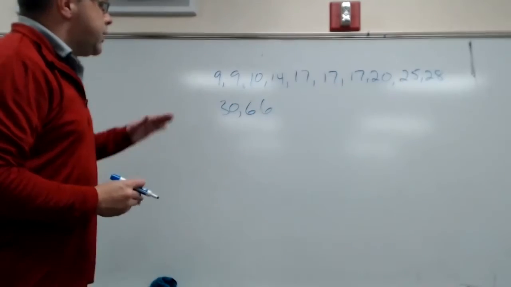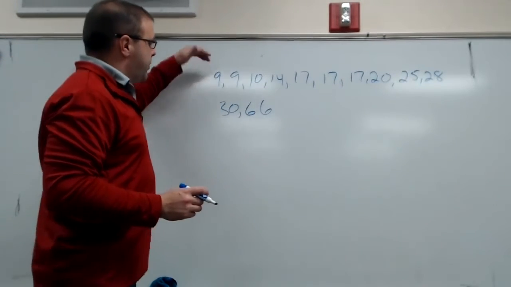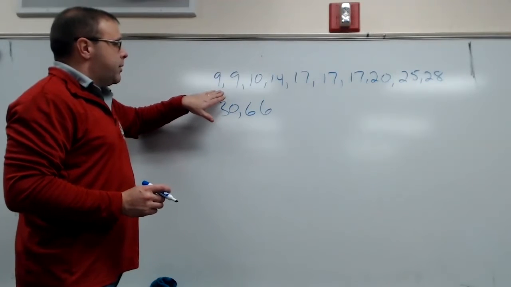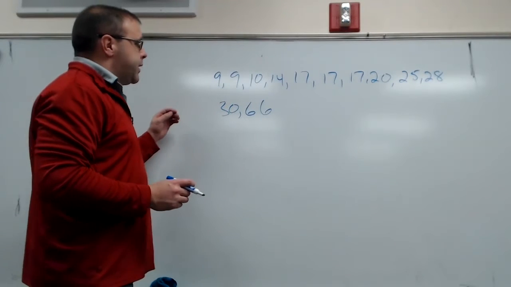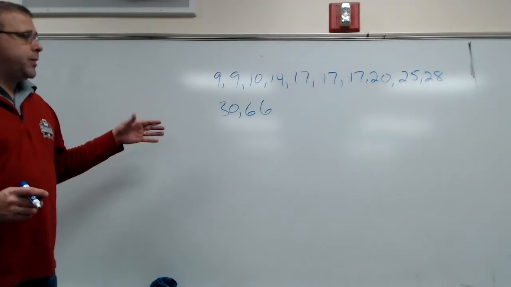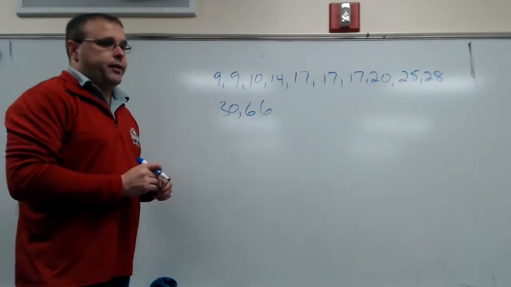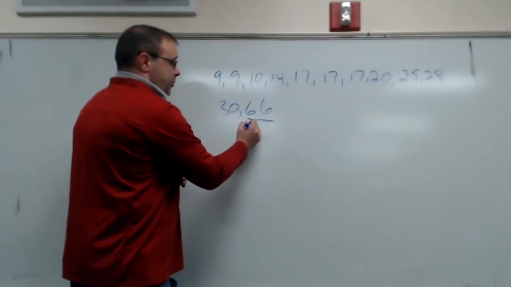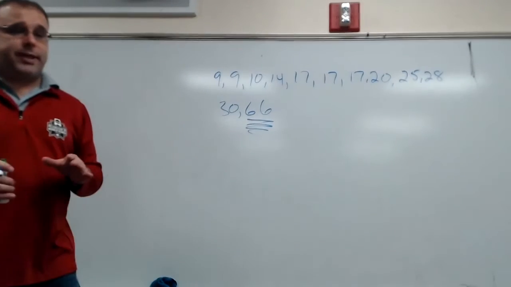Okay, so we have it all labeled out that way, and that's the way we want to do this. Looking at these numbers, we want to ask, is there anything that jumps out at us? We should automatically go, wait a second, wow, that 66 really jumps out at us.